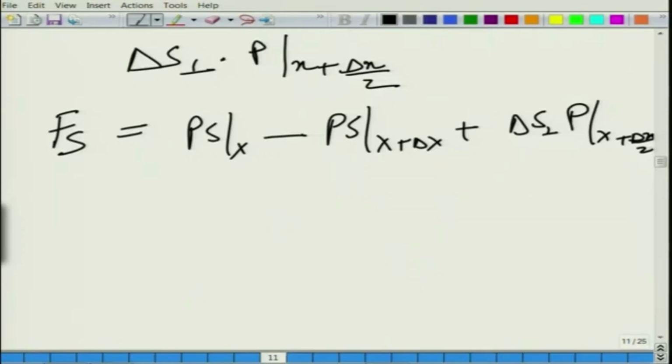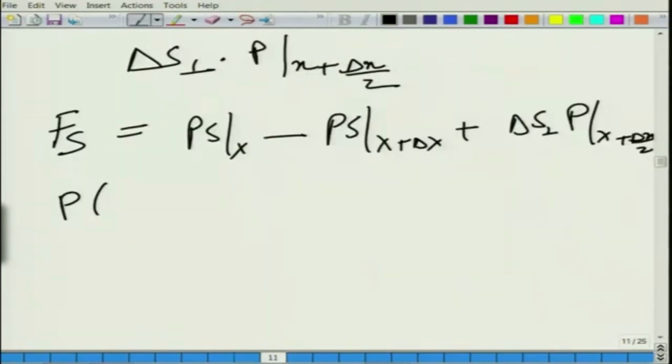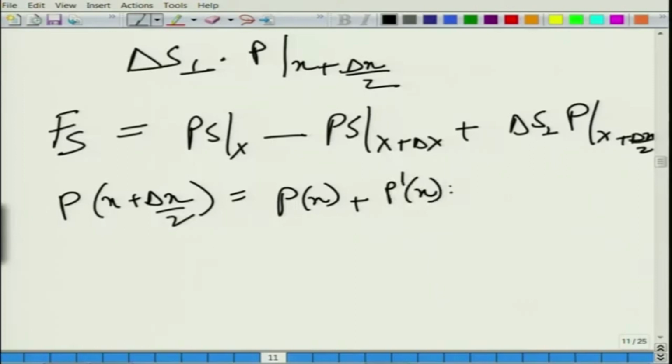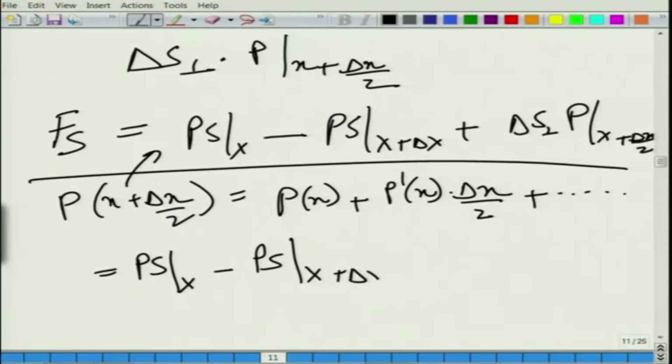Now, we recognize that delta S was this one, and P at x plus delta x by 2 is nothing but P; we use a Taylor series approximation and get the following. So, we get this term, and then we would like to do some simplifications and substitute all this in here to get P S at x minus P S at x plus delta x.